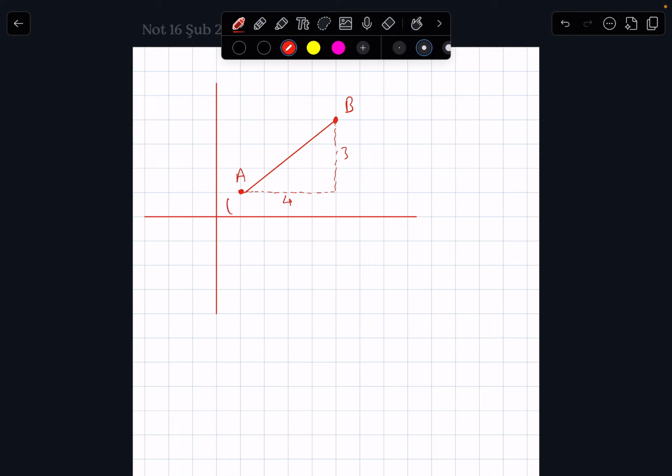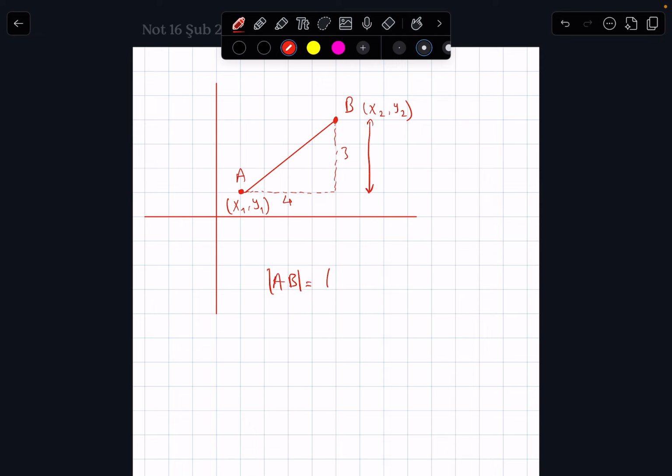Let's call the coordinate of A x1 and y1. And for B, let's call the coordinate x2, y2. Okay? So basically, in order to find AB, the length of AB, we will have to first find the vertical difference, right?